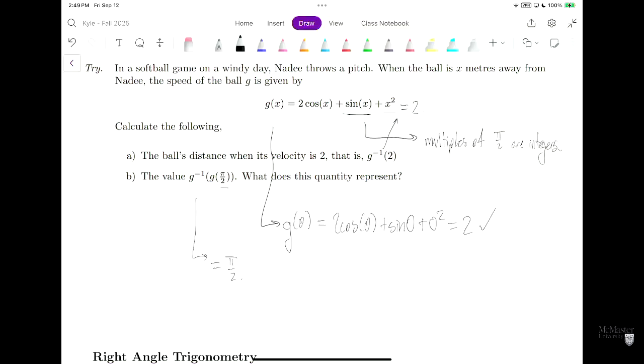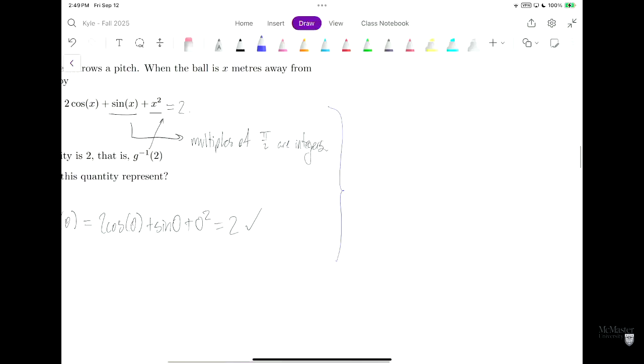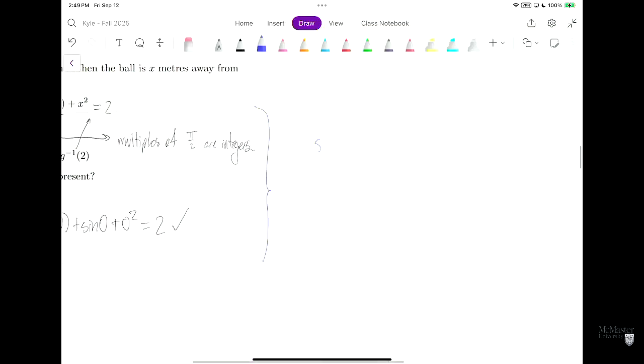For example, the reason why this is an important example is, I'm just going to illustrate this. If we do sine of arcsine of 2, and if we do arcsine of sine of 2, only one of these is valid, right?